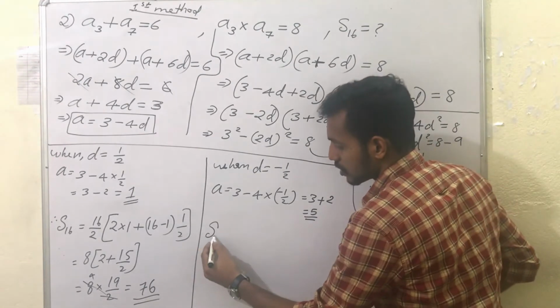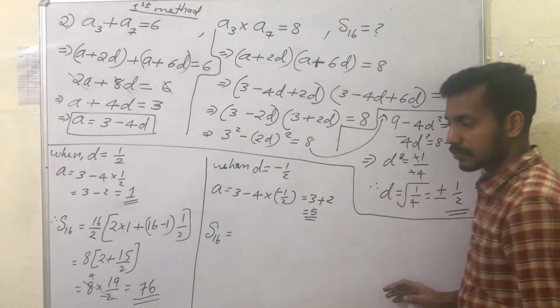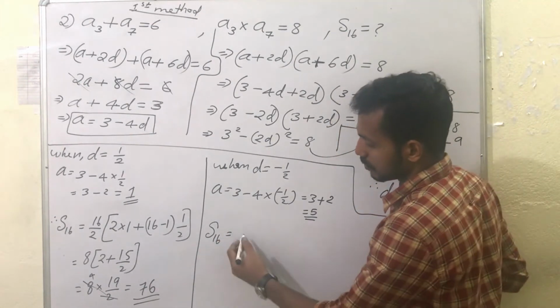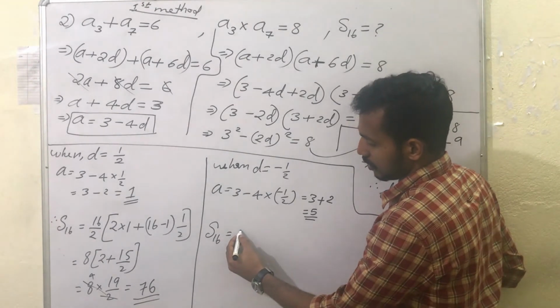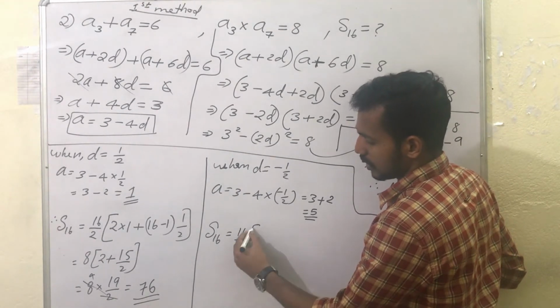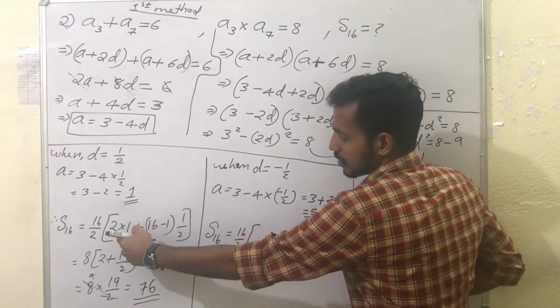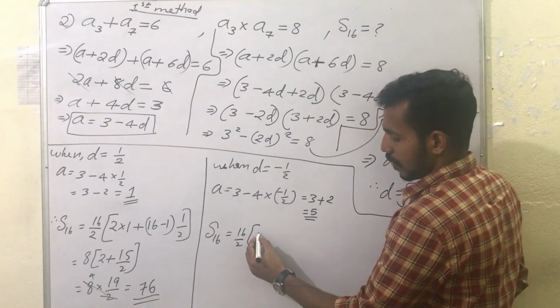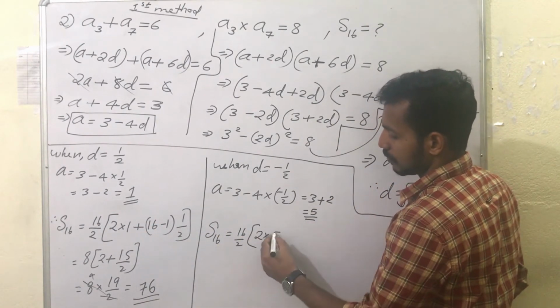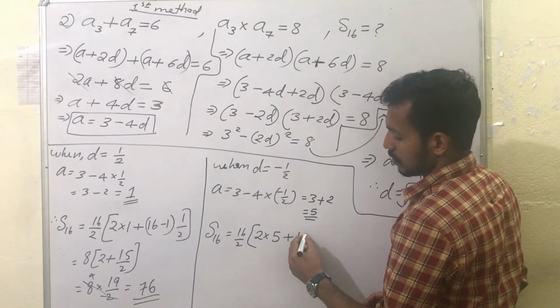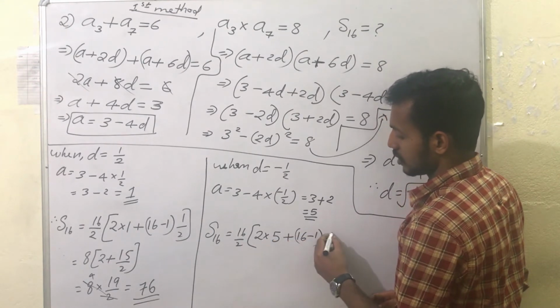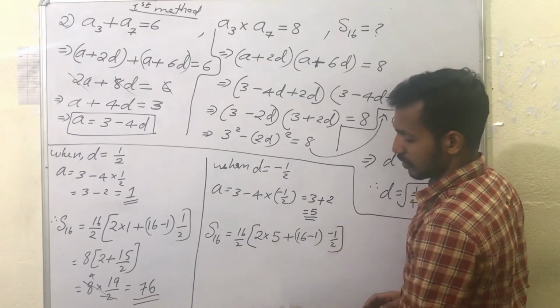Now the sum of the first 16 terms is equal to, same formula only, the common difference and the first term are different. That is 16 by 2 into 2 into the first term 5 plus 16 minus 1 into D, minus 1 by 2.